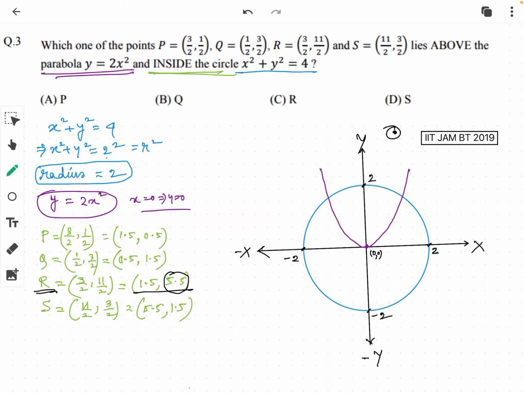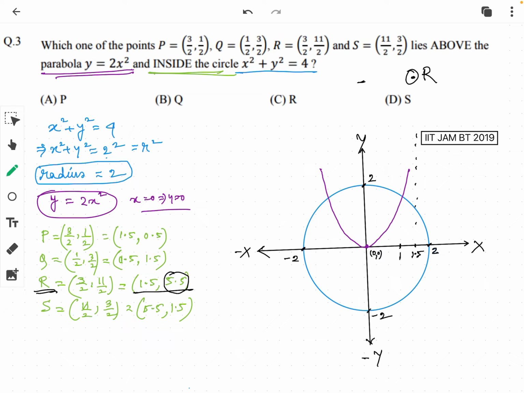If we go 1.5 along the x axis and then go above it, we will reach somewhere like here as y equal 5.5. That means somewhere here is the point R, which is of course outside the circle. It is not inside the circle.